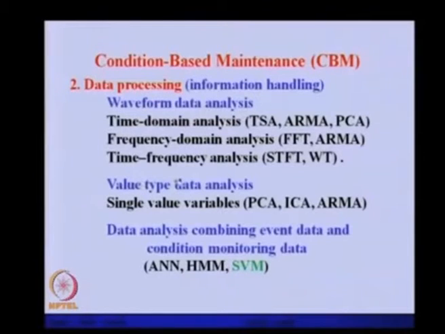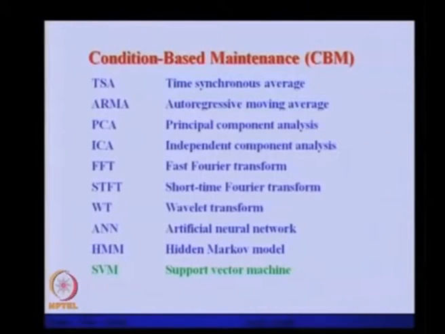Another is the value type data, like single value variables, such as temperature or pressure, in which we get maybe one value at one particular time. That kind of data also we can collect, and there are various methods available to analyze this. The various methods which I have described are listed here.